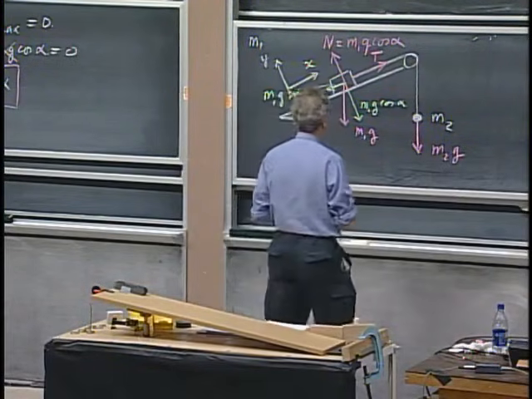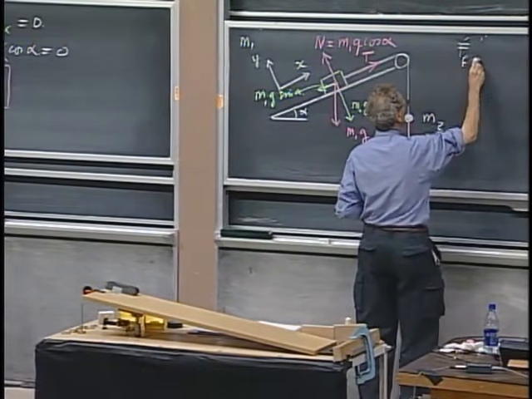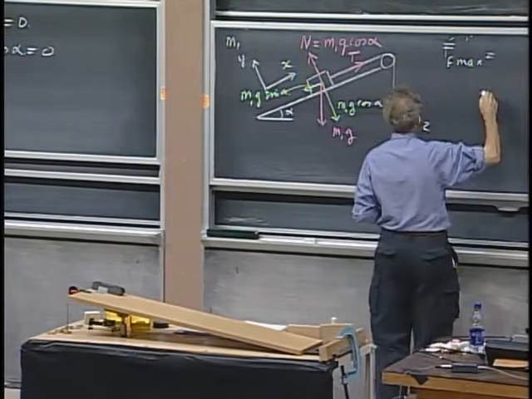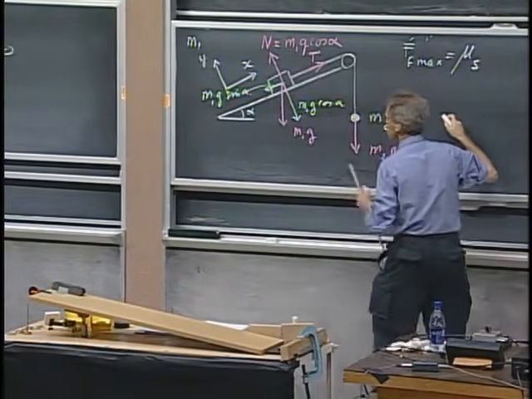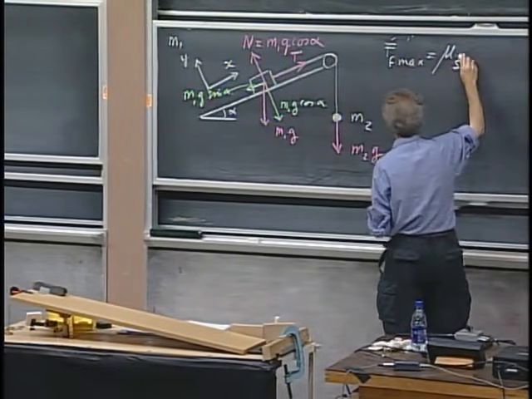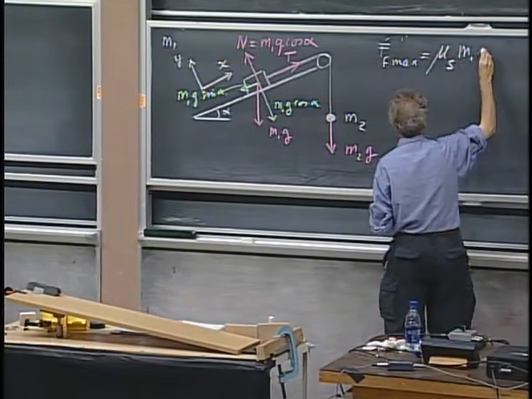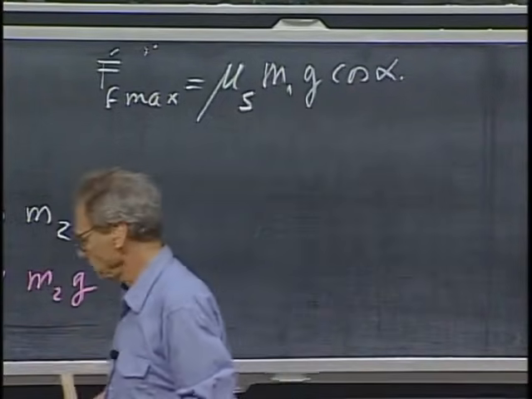The only thing I do know is that the maximum value of the friction will be mu static times N, which is what we had there. Remember, that's the maximum value that the friction can have, times m1 g cosine alpha. That I know.